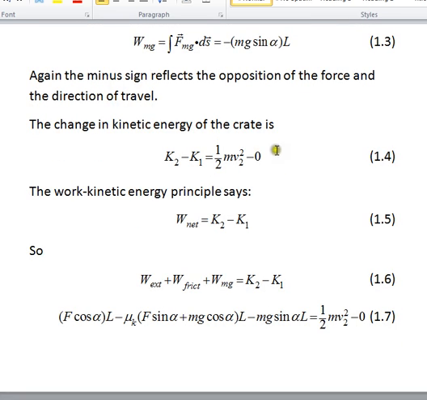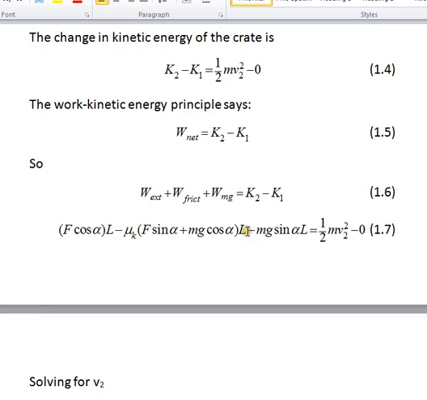Initially the crate is at rest, so the final kinetic energy, 1/2 mv squared, is the term that we'll need. So when we set these equal, W net equal to change in kinetic energy, we can find an expression involving the velocity squared.